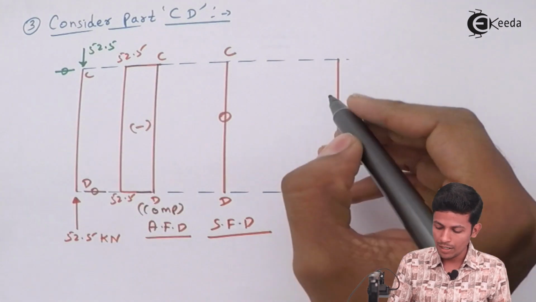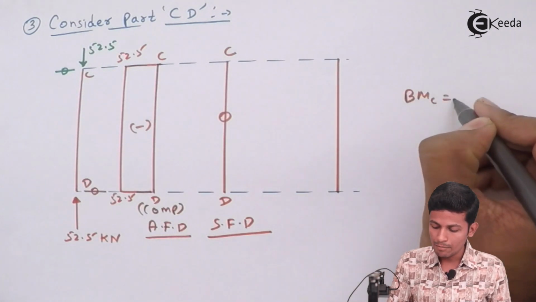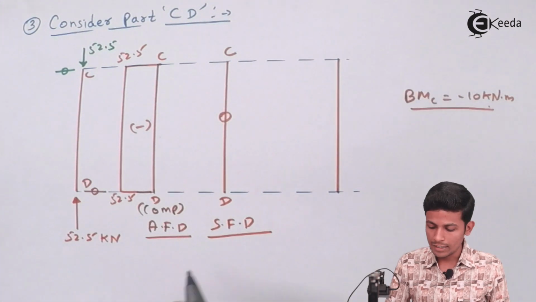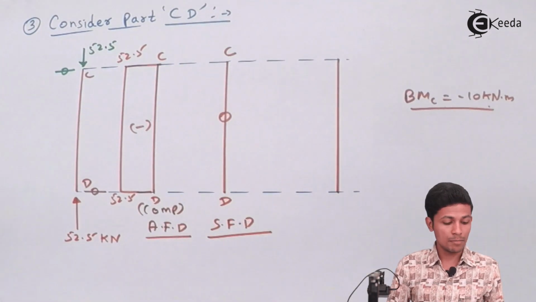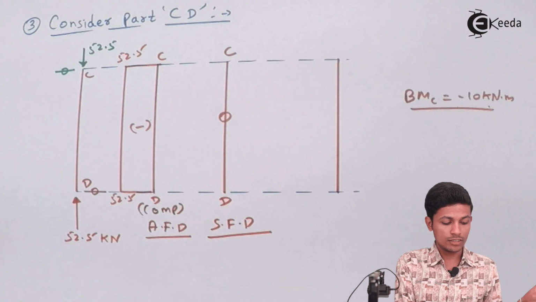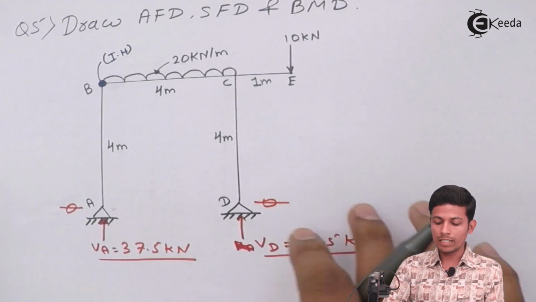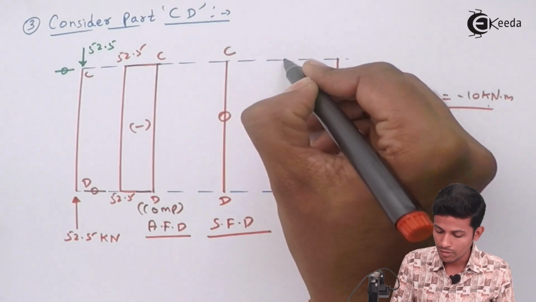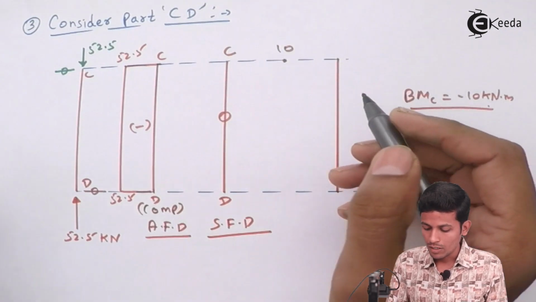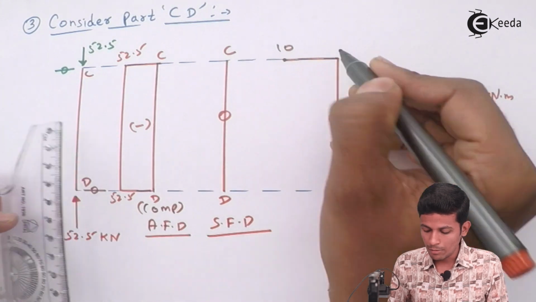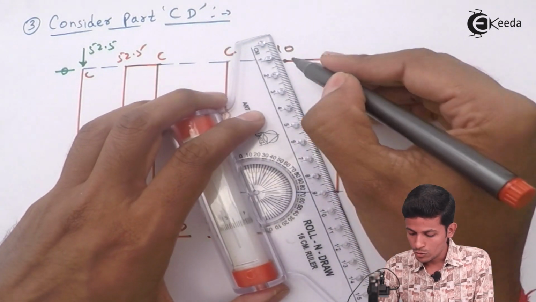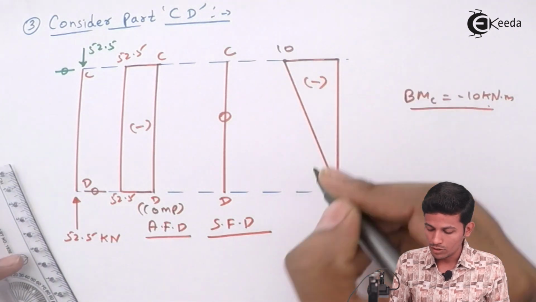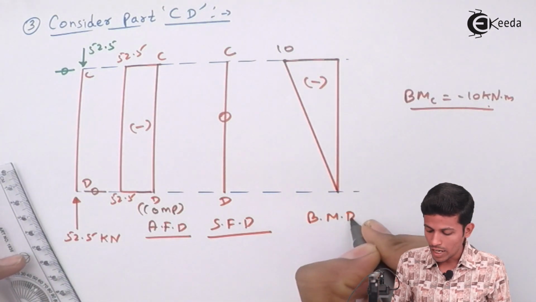Bending moment at C will be minus 10 kilonewton meter. Minus means inside the frame, please remember this also. Always minus means inside the frame, from right to left. Minus 10 will come over here. Now bending moment at D will be 0. So join this like this. This is minus sign. This is your bending moment diagram.